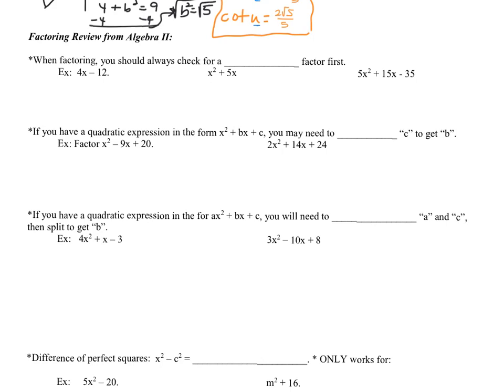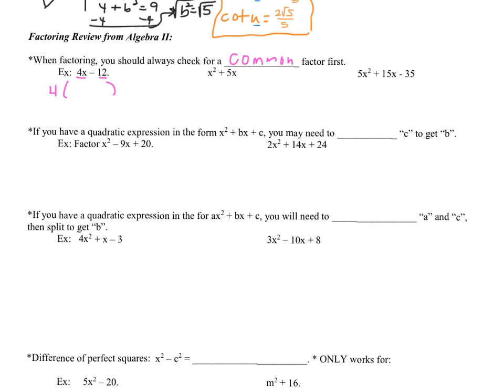Often when factoring, you want to check for a common factor first. And a common factor is just something that you can divide out of all the terms in your polynomial. If we have something like 4x minus 12, both of these terms have a factor of 4 in common. If I put that to the outside and create a product, we can have a smaller set of values inside that parentheses.